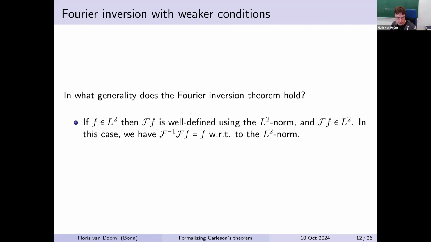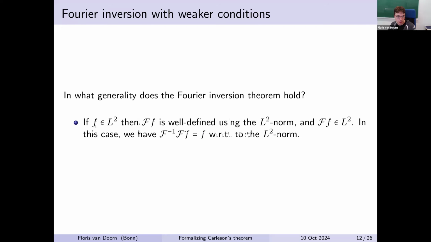If you use the L2 norm, then everything is actually very nice. L2 is still a Hilbert space. You still have the issue that you're now splitting it up into these exponentials that do not themselves live in L2, but because it's a Hilbert space, you can actually still use all these techniques.